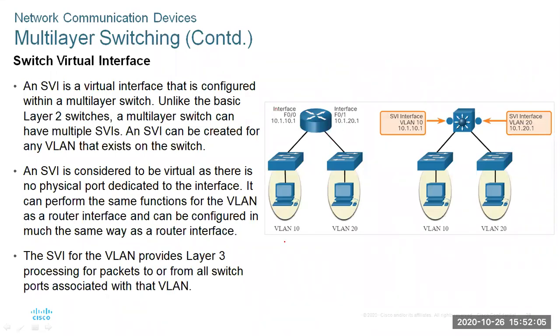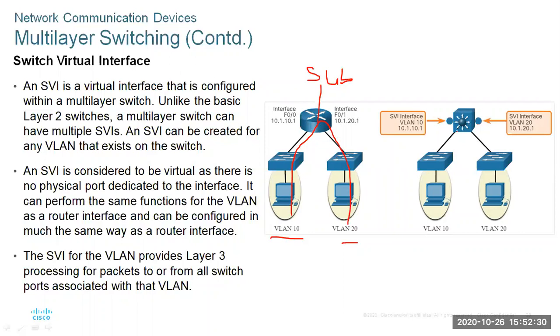Now, the conventional way of doing inter-VLAN routing, you have VLAN 10 and VLAN 20, is that this one comes here to the router and is routed here. Meaning that on this router, you have to create what we call sub-interfaces, to communicate with each of the VLANs.